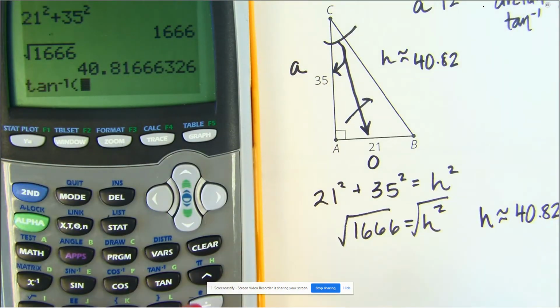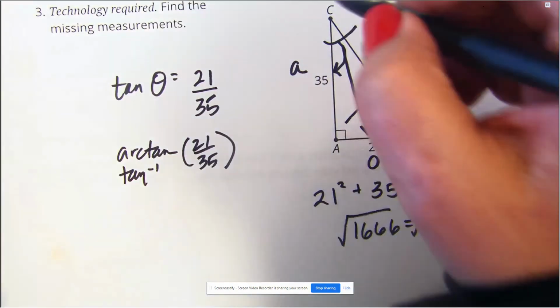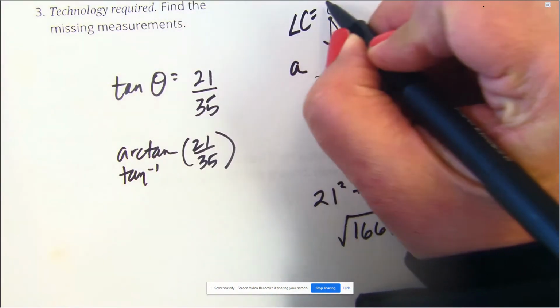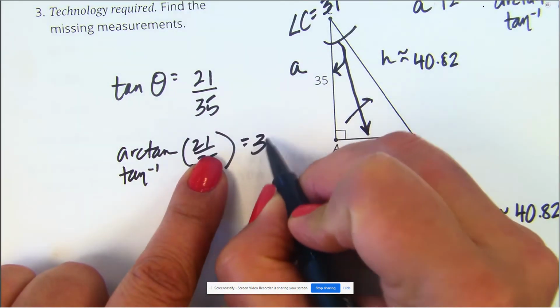Second, tan, 21 divided by 35. Oops. And I'm going to round to the nearest whole degree, so 31 degrees. So angle C right here is 31 degrees. I got that from this, typing that in.